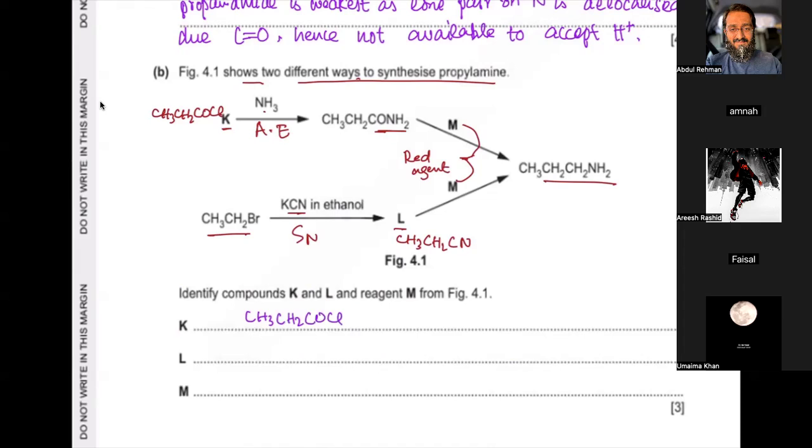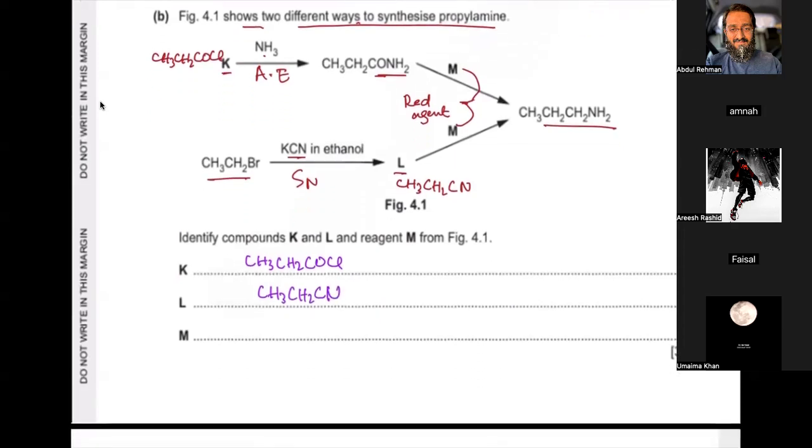We have identified compound L, which is CH3CH2CN. And we have identified compound M, a reducing agent. So normally the reducing agent is lithium aluminum hydride in dry ether. Is this clear to all of you?